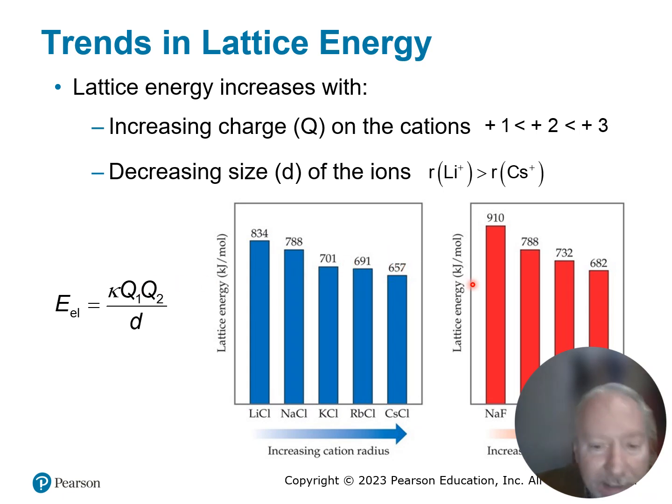And so we can see here where lithium chloride, sodium chloride, potassium chloride, rubidium chloride, and cesium chloride, the lattice energy goes down. It goes down because the distance is increasing here, decreasing E. D is going up, driving the energy down. And cesium is larger than lithium, and rubidium is larger than lithium.